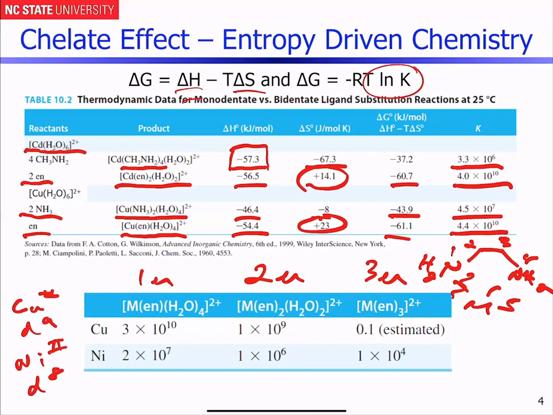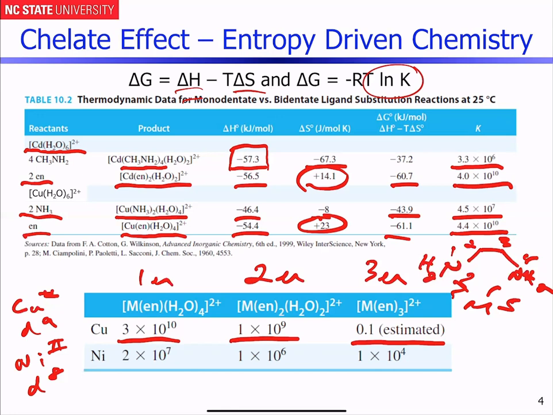The thing I want you to focus on is that the first one goes on with an incredibly high formation constant. Then the second formation constant's a little lower, but the shocker in this one is the third one is incredibly small. So that's telling you that copper 2 does not want to have 3 ethylene diamines attached to it. And that is going to be the basis for lots of things we discuss later.